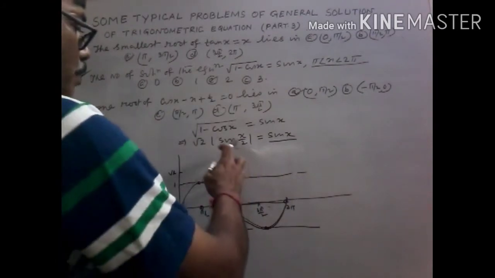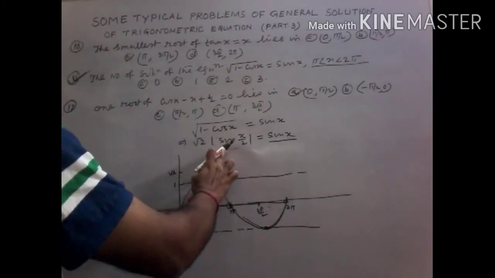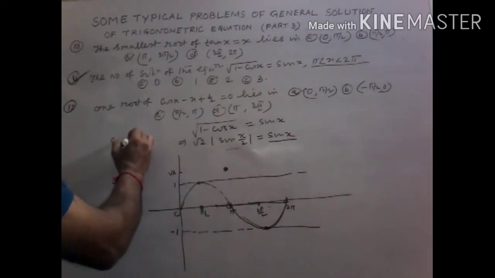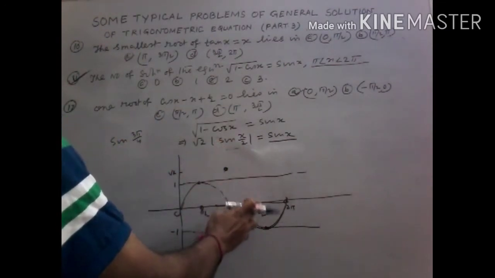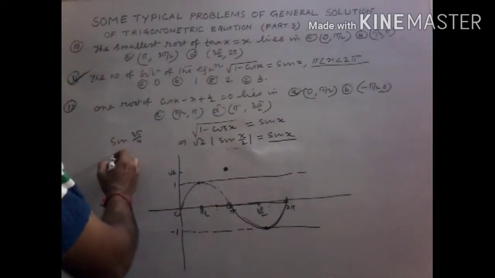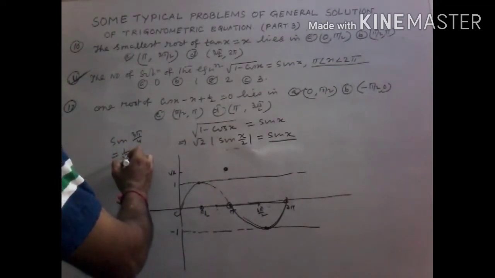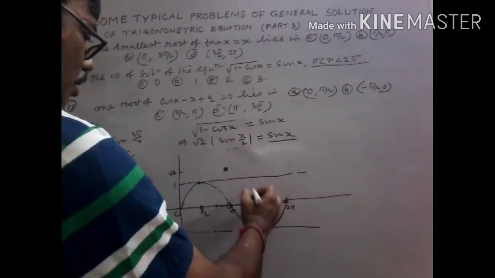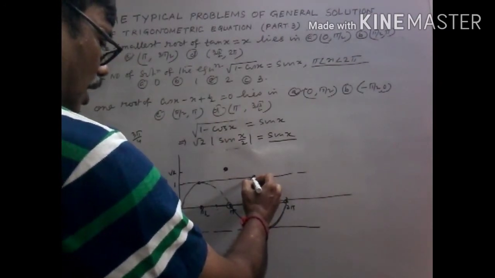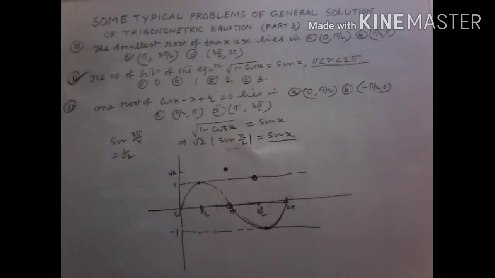At 3 pi by 2, sin 3 pi by 4, that is sin of pi minus pi by 4, is 1 by root 2, multiplied by root 2, so this is 1. The figure will be like that.